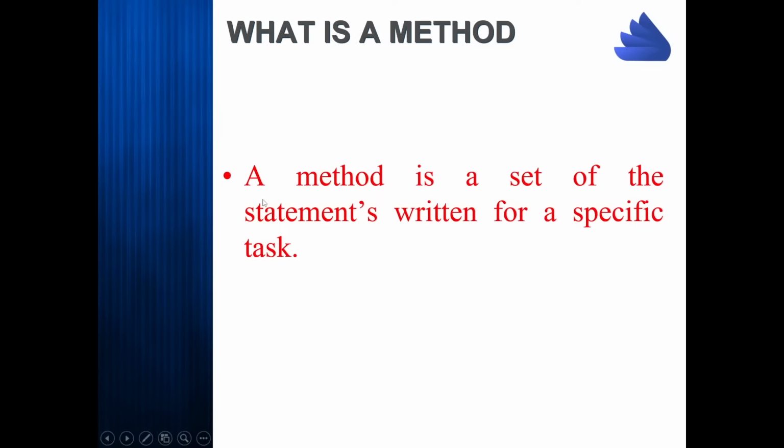Starting from the beginning, what is a method? A method is a set of statements written for specific tasks. To do some task, we give some instructions, and these instructions are written inside a method. That's it. The instructions written are called a method.